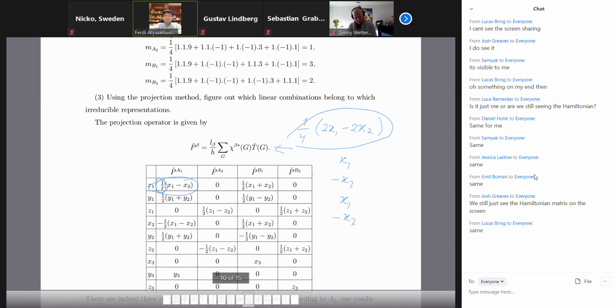There should be a factor of 2 for this factor. But that factor is not important anyway, so it doesn't matter. You could have just forgotten this factor here and just applied that one and removed any constants. So for example, this thing is twice of 2x1 minus 2x2. Well, I can just write it as x1 minus x2. Because what's important is the linear combination, not the normalization constant. These are just some normalization constants.